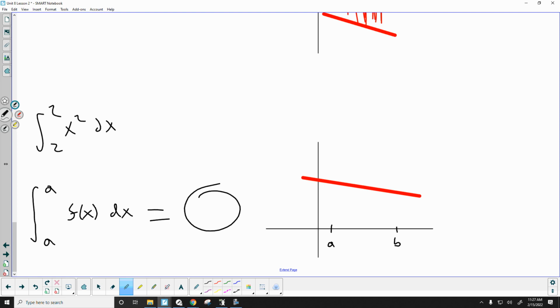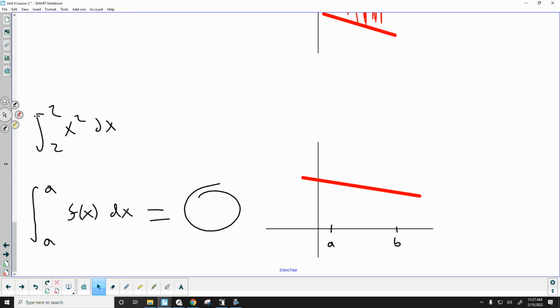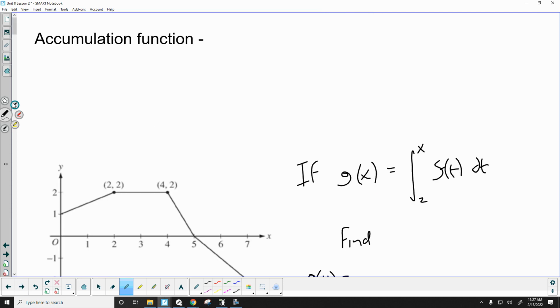If you travel 70 miles per hour from 2 to 2 or over 0 seconds, how far did you travel? 0. There's no time to accumulate anything. 2 to 2, 0. Okay? So, this is important. You're going to see this because we are going to deal with the accumulation function.